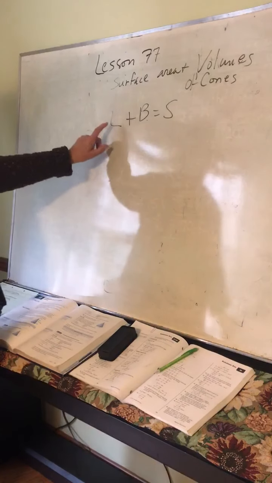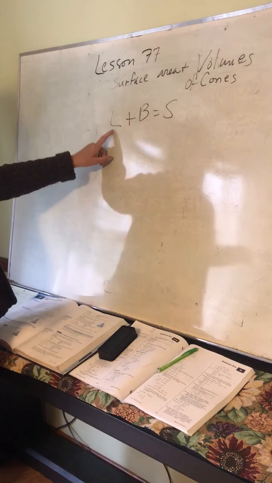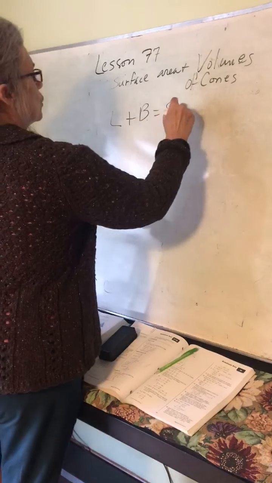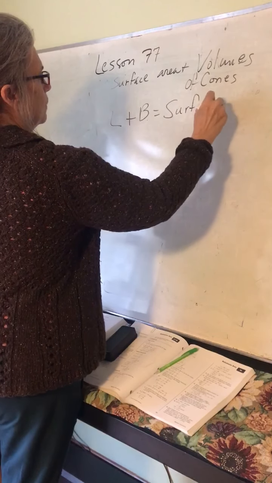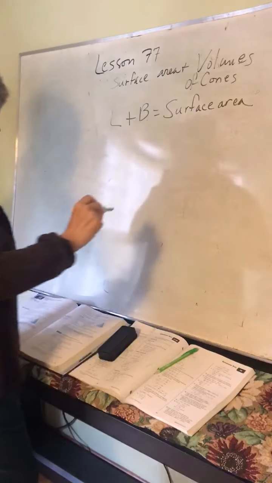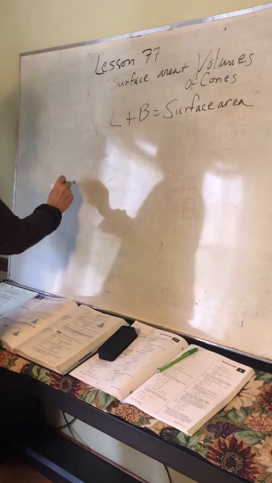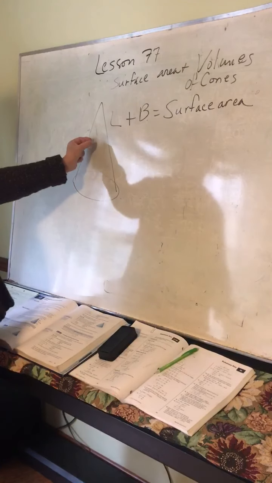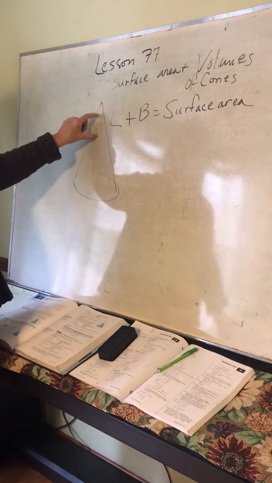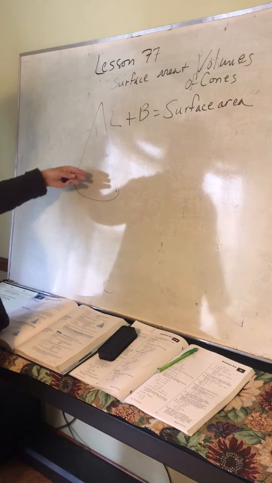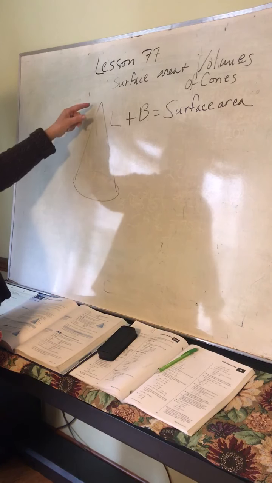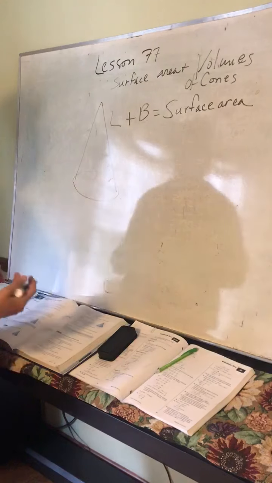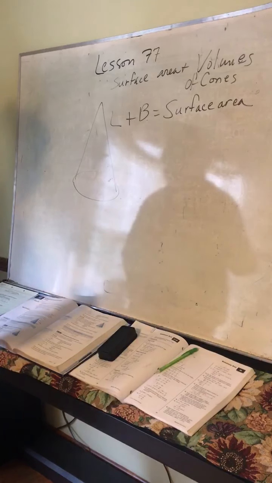The lateral area does not include the base, then the base area, and that equals the surface area. So the lateral area of a cone is like taking this part off. You're not going to include your base here, and just peeling it out and getting the lateral surface area.